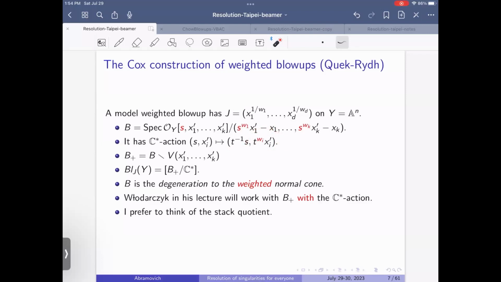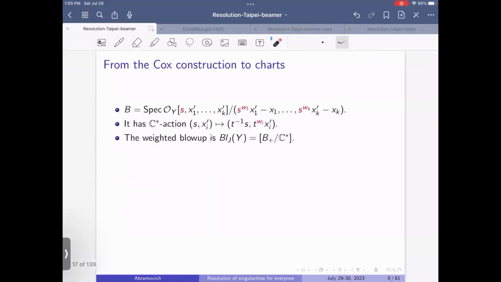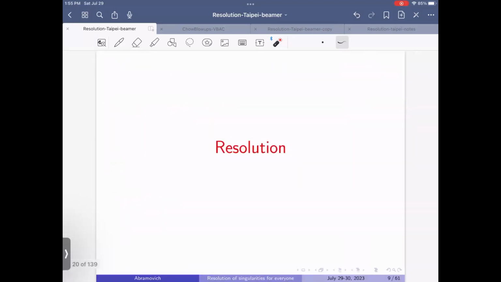So for each point on the locus you are blowing up, you have affine space minus the origin, because you removed the locus, modulo this action. So it's precisely a weighted projective space, except that I like to work with a stack theoretic weighted projective space. Okay. I accept everyone. If you want to work with a scheme, okay.